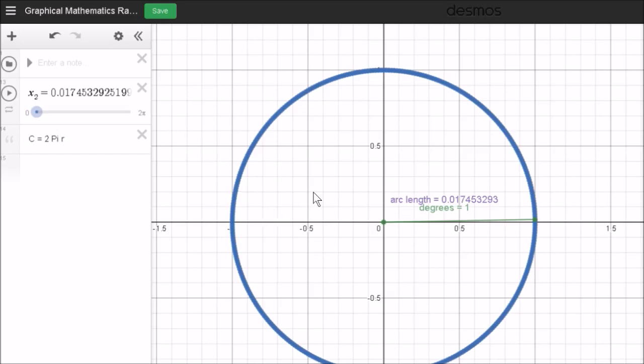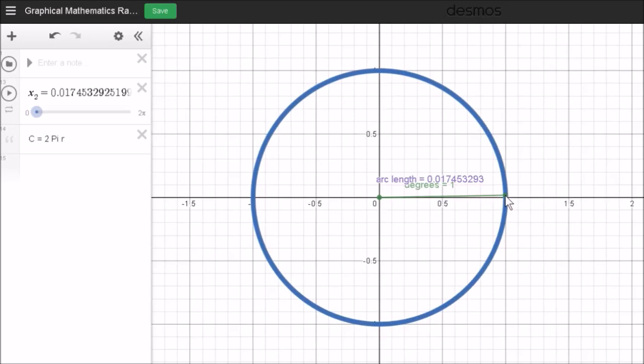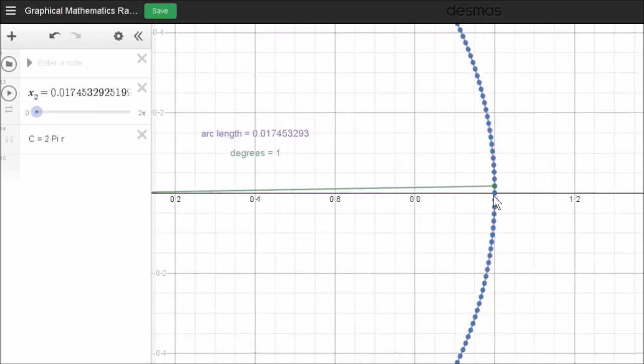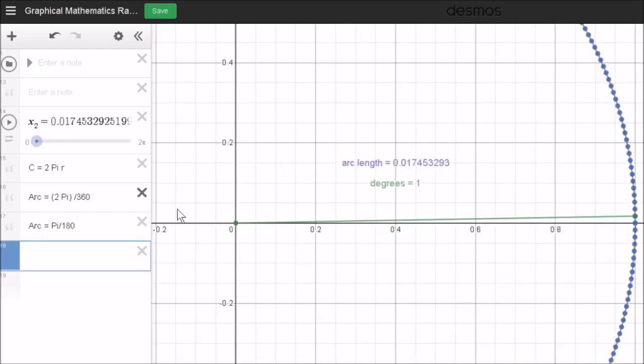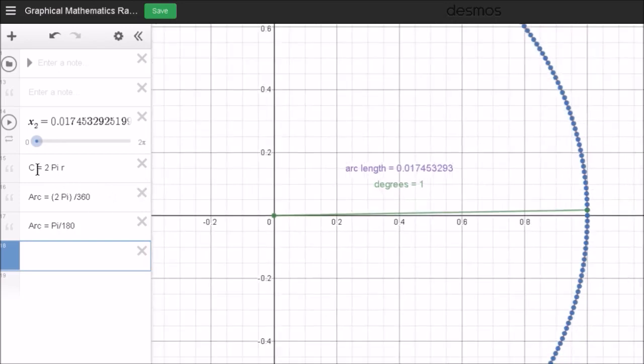So let's have a look and we'll see what the arc length is for an angle of just 1 degree. So we've moved this round so it's just 1 degree here, and the arc length here is going to be 0.01745. So if we wanted to work out the arc length whenever we're working in degrees, then we know that the circumference is going to be 2 pi and r is a value of 1.